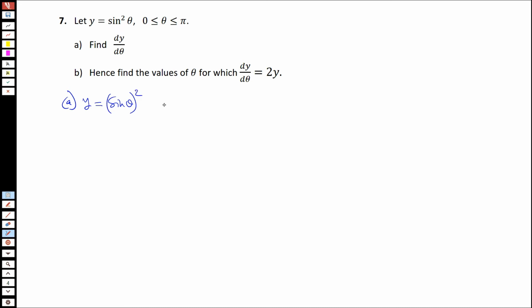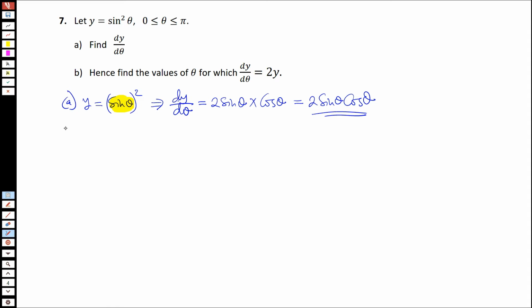Which implies that dy over d theta will be equal to, if you apply the chain rule, start with outside followed by inside, so that will be 2 multiplied by sine theta multiplied by cos theta, because the derivative of sine is cos. So basically this is 2 sine theta cos theta.